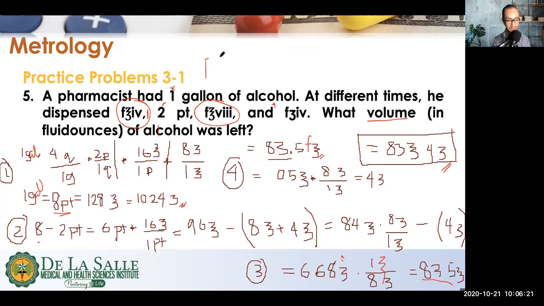So yung gallon, 1 gallon is equivalent to, remember our conversion factors. 16 fluid ounces are equivalent to a pint, okay? And 2 pints are equivalent to a quart, okay?